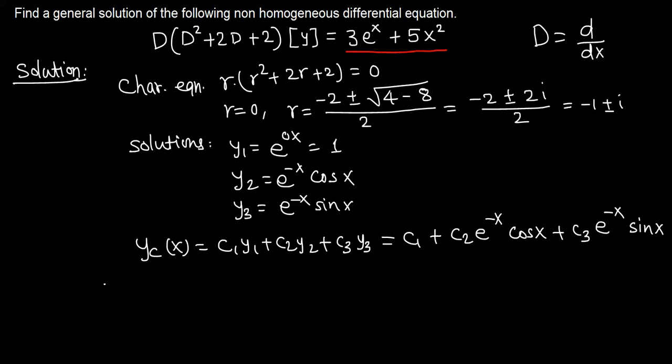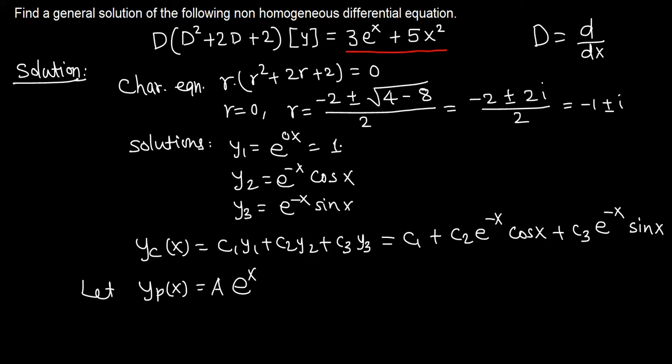So we let yp be based on this exponential function. The 3 doesn't count, I mean we can always write another constant. So e to the x is e to the x itself with a constant A, provided this is not already a solution.